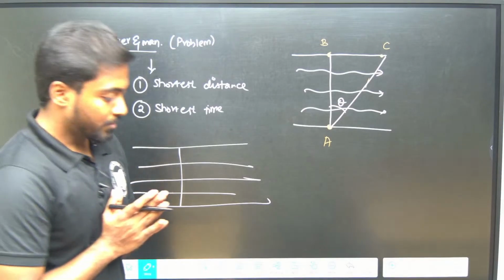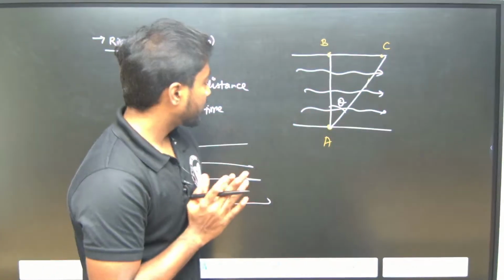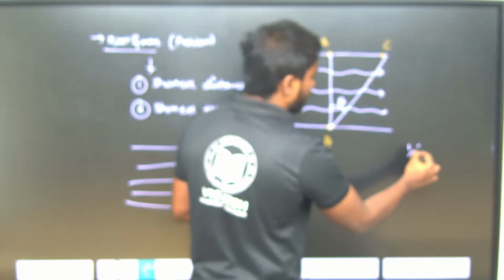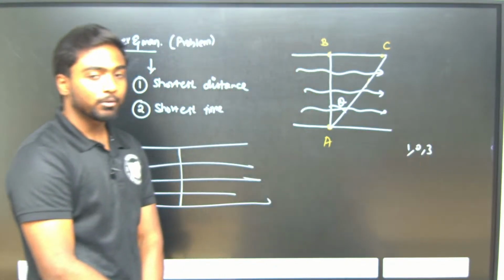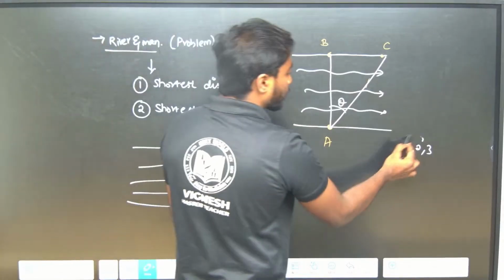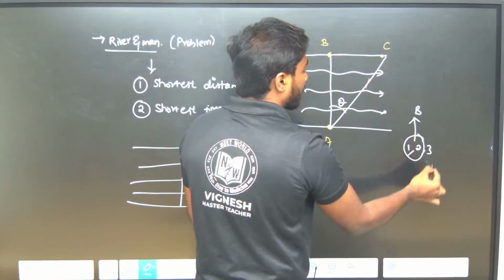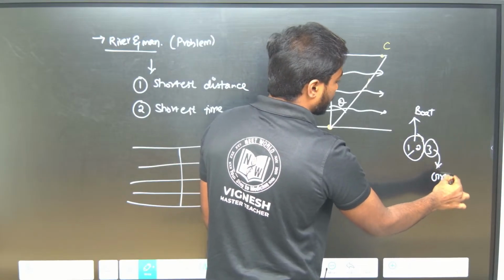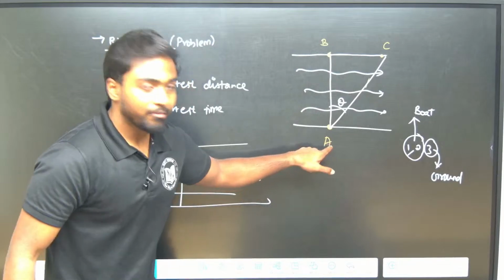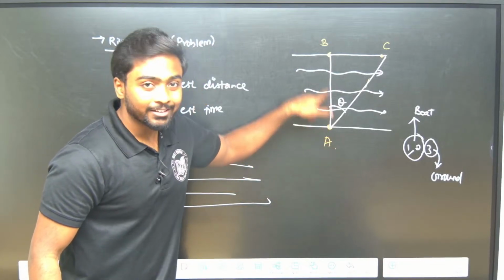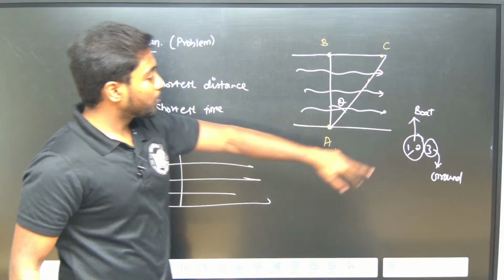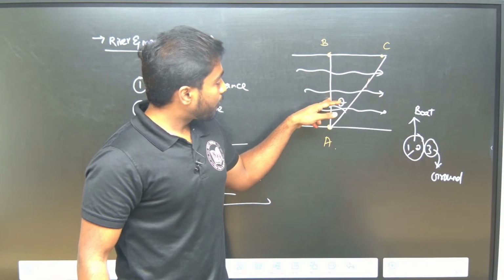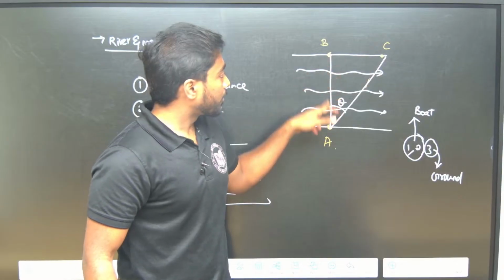So think that three persons are there. Let me consider person 1, 2 and 3. Two persons are going in a boat and one person is on the ground. So person 3 will be here, and persons 1 and 2 started like this. For persons 1 and 2, what will they think? Like the velocity of boat with respect to water.